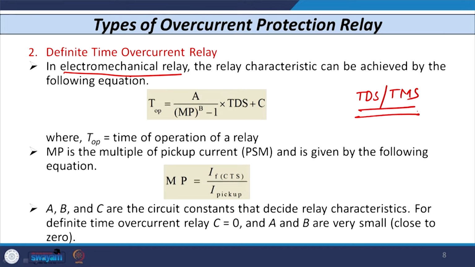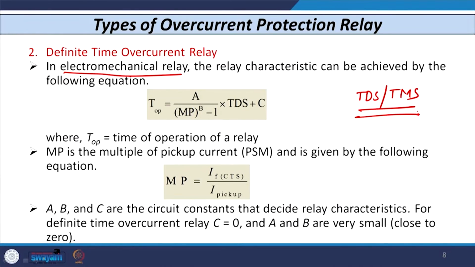Both are the same. The manufacturer provides the time dial setting from 0.1 second to 1 second in steps of 0.05 second, or some other range. This dial setting is known as the time dial setting, and based on this time dial setting, the time of operation of the relay varies.